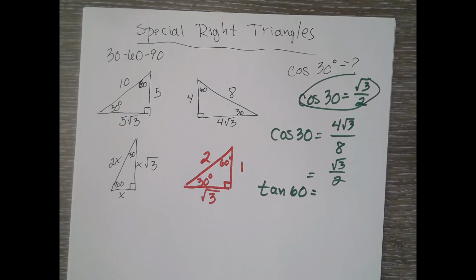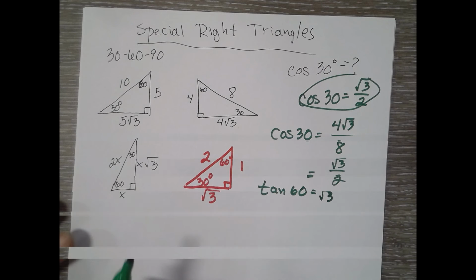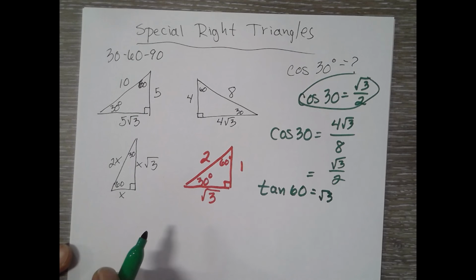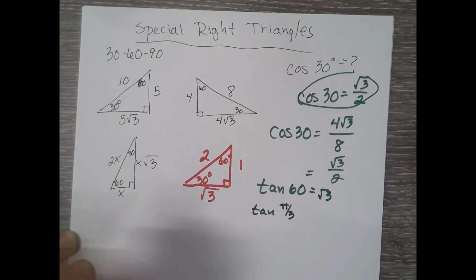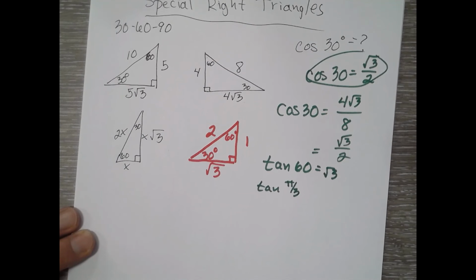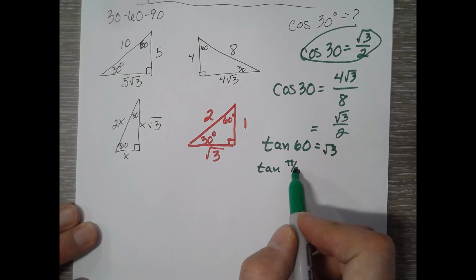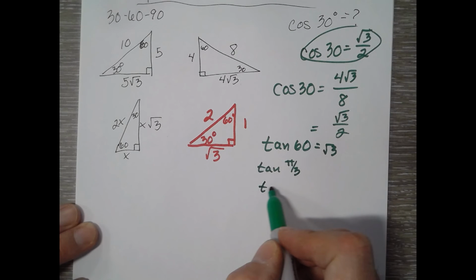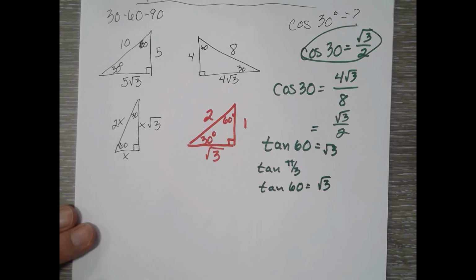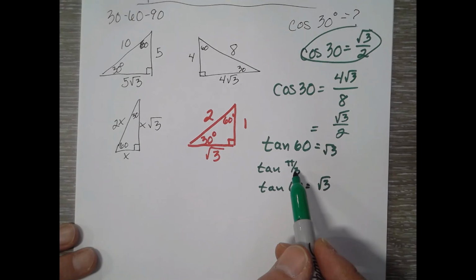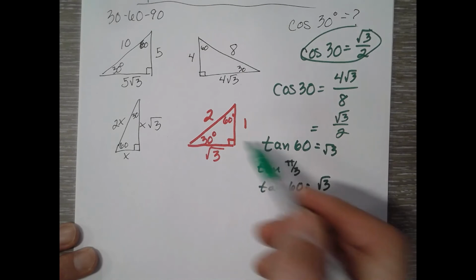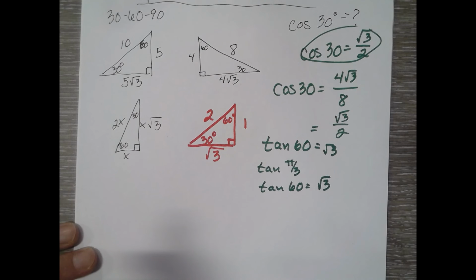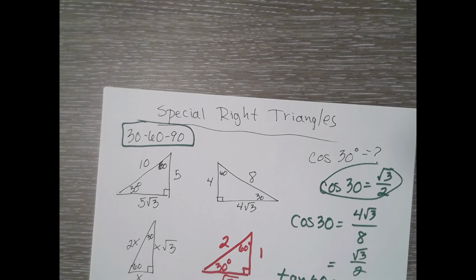If we wanted to figure out what the tangent of pi over 3 is, we could change pi over 3 to be 60 degrees. And then we would be able to do a lot of the radian work just by changing it back into degrees and drawing our triangles and figuring it out. Those are all 30, 60, 90 triangles.